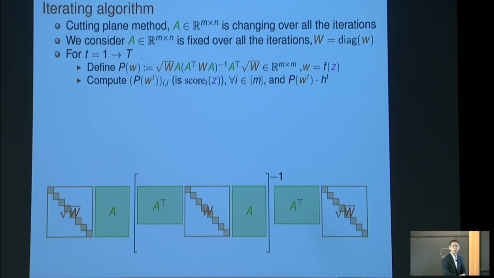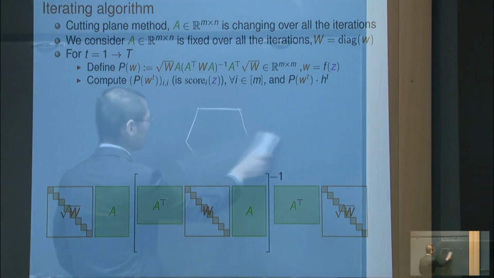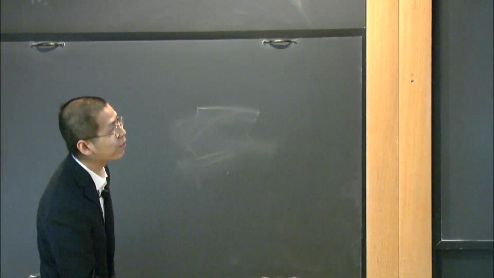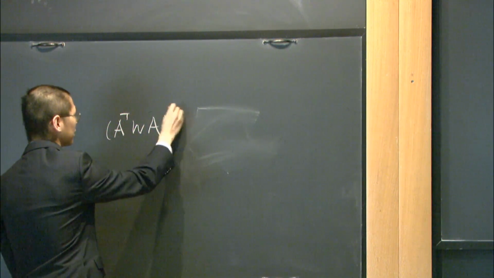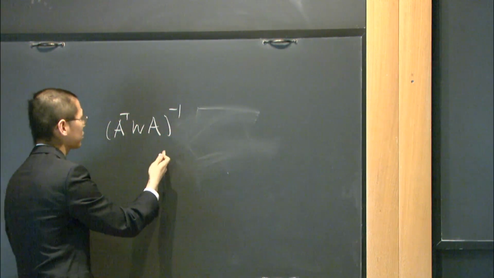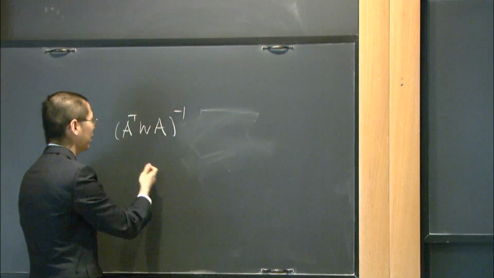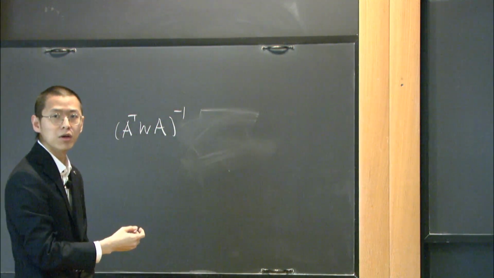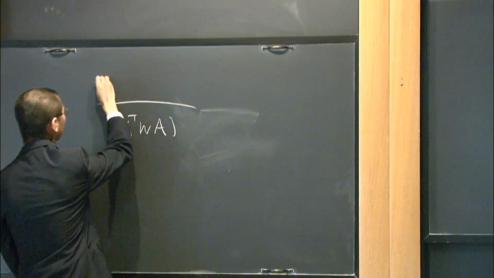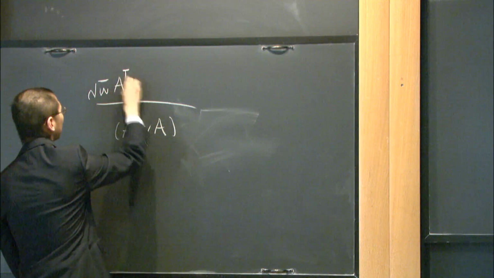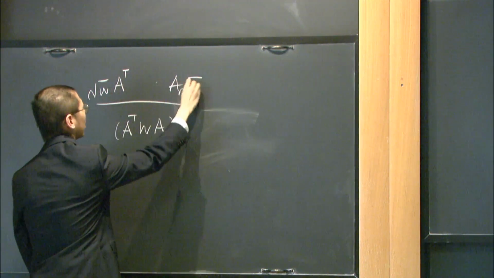So which are the matrices which are divided by each other? If you look at this, this is like A transpose WA, this inverse, and you can make this one to be half in some way.